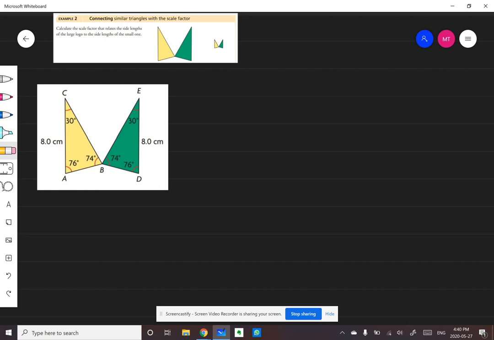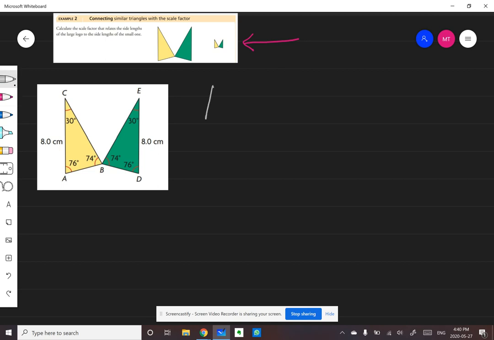So when we're looking at the smaller set, the second set, we want to find the scale factor, right? How much is it reduced by? Is it being reduced by half? Is it being reduced by 30%? We can definitely tell that the smaller one is much smaller than just half of the original.